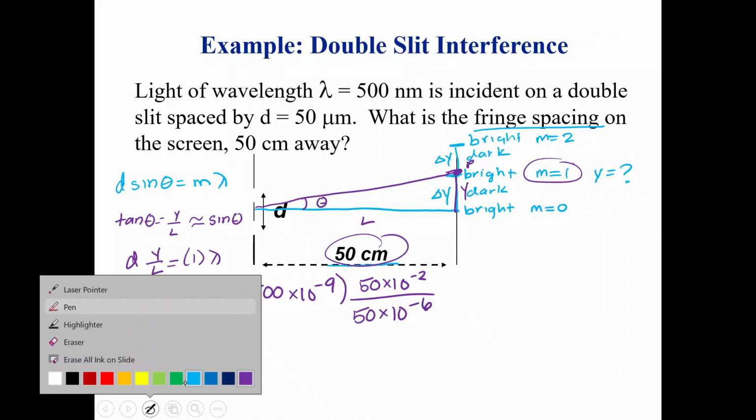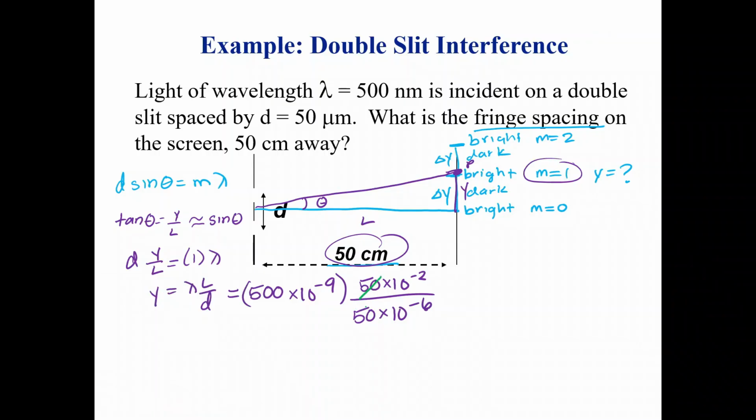And you can plug that in, but we can also see this simplifies kind of nicely. The 50s are going to cancel out here. 10 to the negative 2 is going to partially cancel down here to the 10 to the negative 4th. And then we have 10 to the negative 9th and 10 to the negative 4th. So that's also going to partially cancel to 10 to the negative 5th. So really what we're left with is 500 times 10 to the negative 5th.